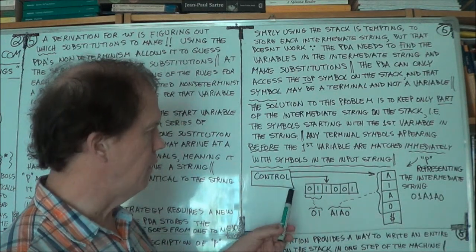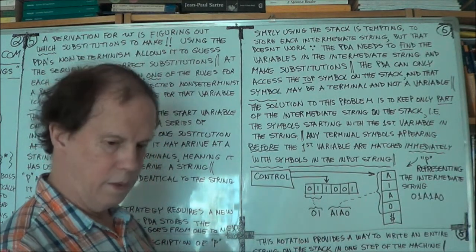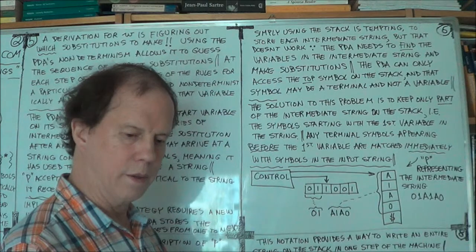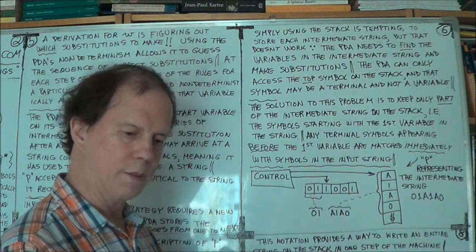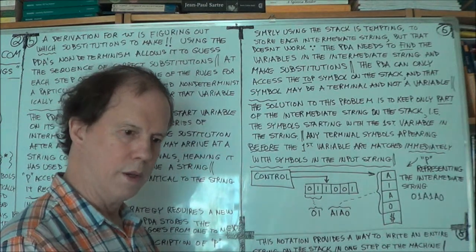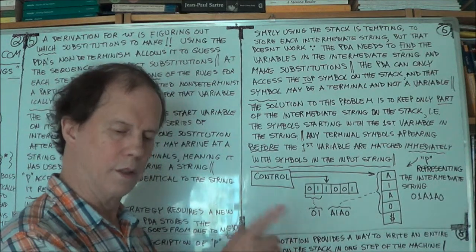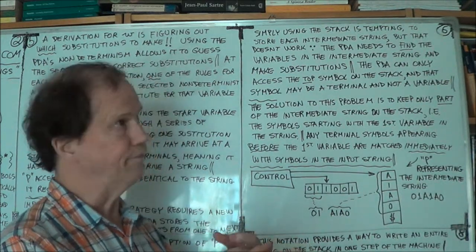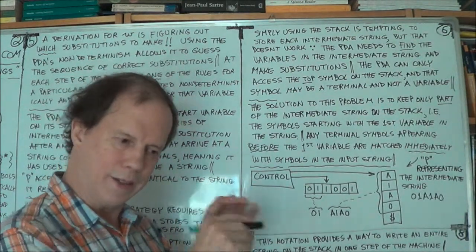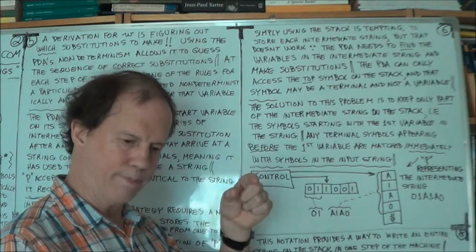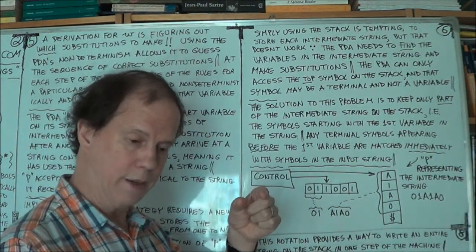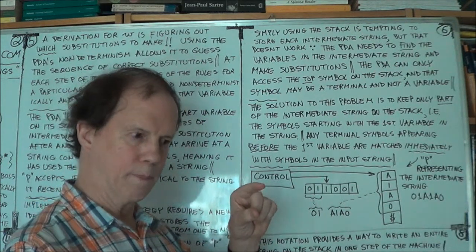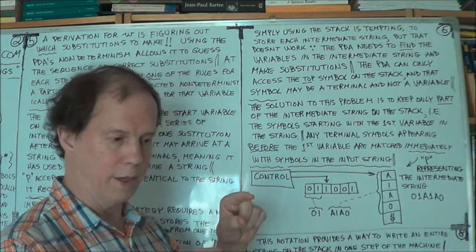Let's say on the stack the top symbol is a variable, and you're going to replace that variable with the right-hand side of a substitution rule whose left-hand side matches that variable.